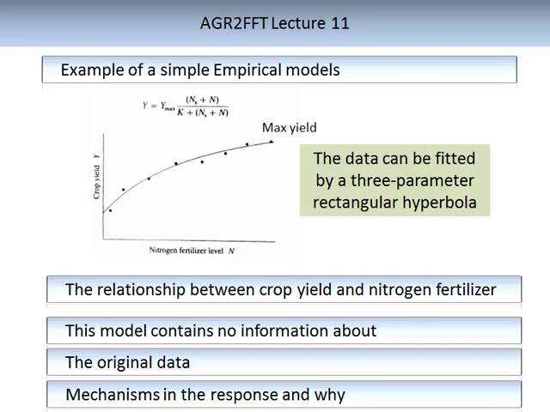It contains no information about the mechanisms in the response and why these mechanisms occurred. The line that you are seeing is described as a 3-parameter rectangular hyperbola. The formula of the relationship between crop yield Y and nitrogen fertilizer level N is also shown on the graph.